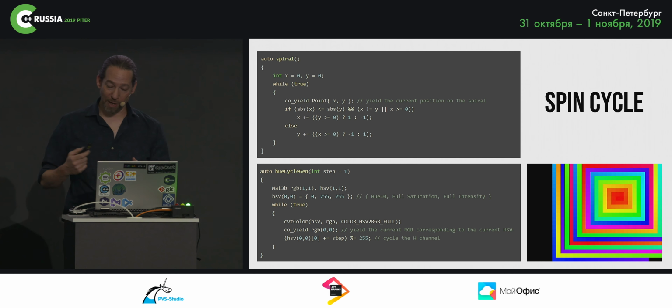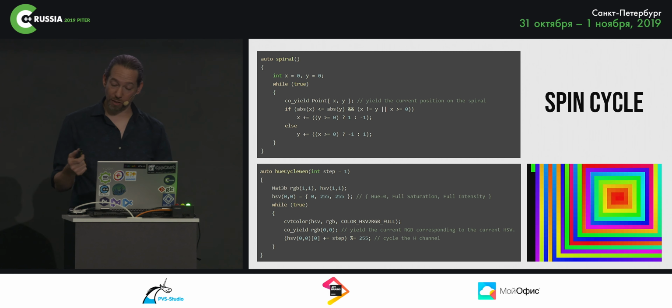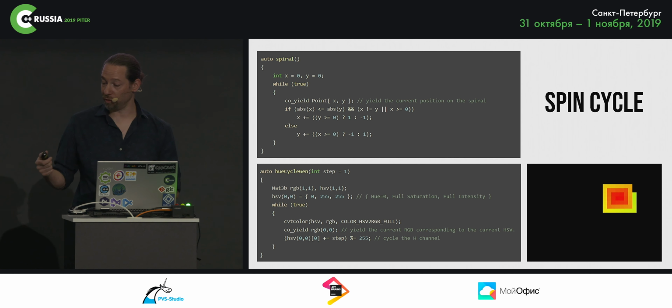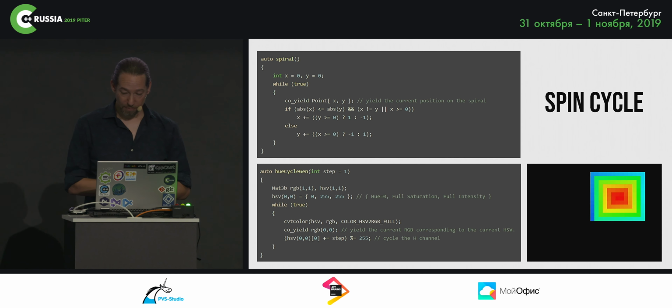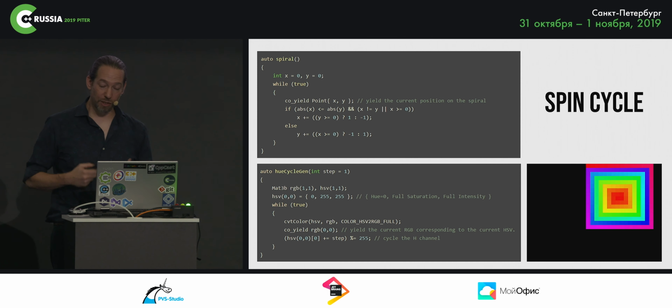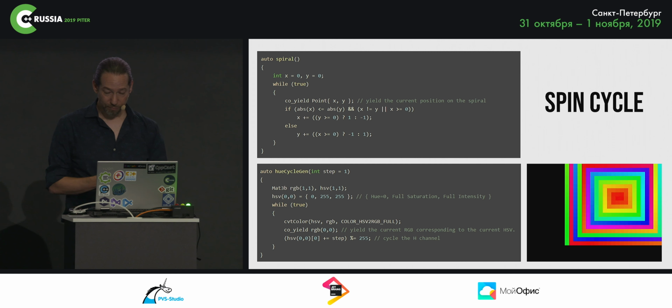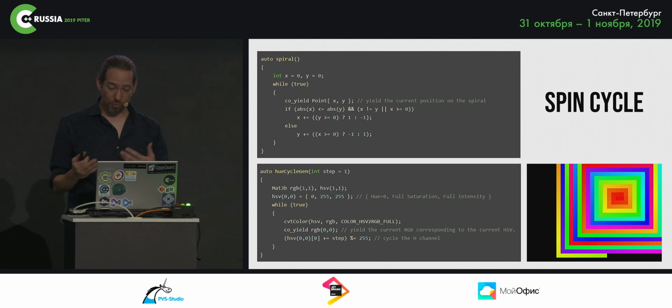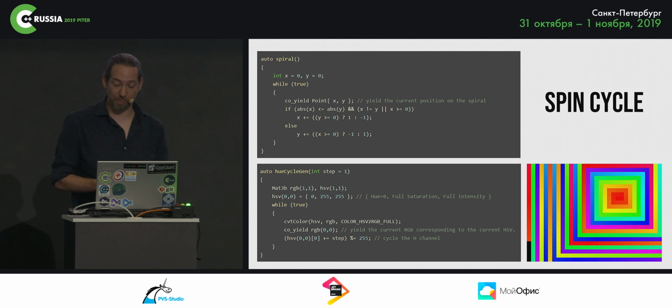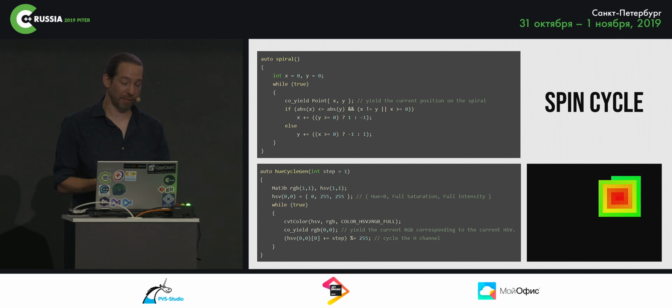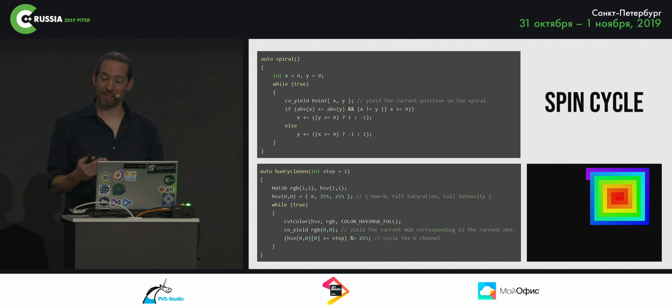So in this case, we have a loop, and the loop co_yields the current pixel position or current coordinates of the pixels. Now, if we want to actually draw this spiral with the pretty colors like we see in the animation, then we need to generate some colors, and in this case, we need to create RGB colors, which are the ones that our screen can display.